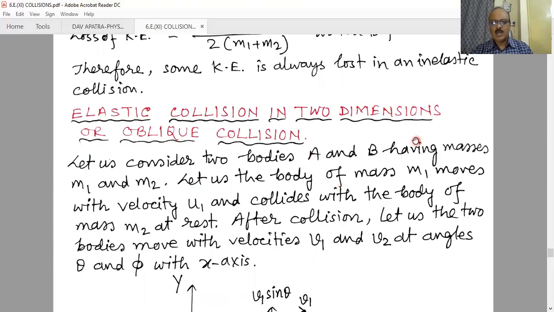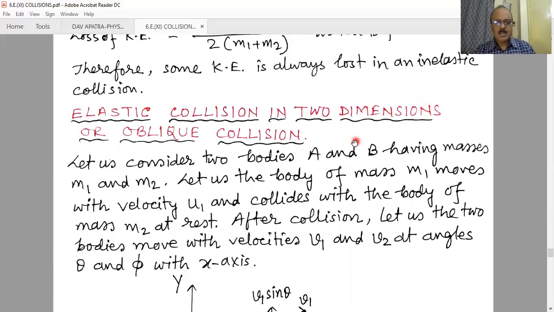Here we will learn how we frame the equations, because when we find out any unknown quantity, we have to frame some equations and take some relations, and the number of equations should be at least the number of variables, then we can solve them. Now here we will learn how we can frame the equations for oblique collision or 2-dimensional elastic collisions.